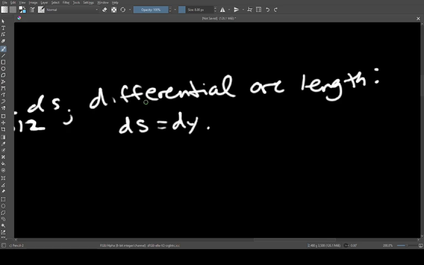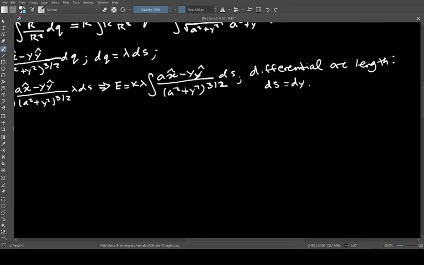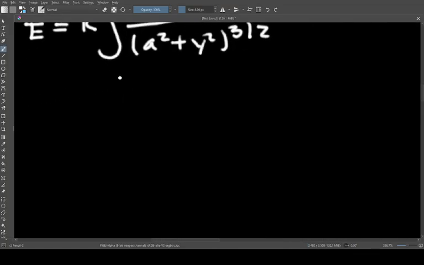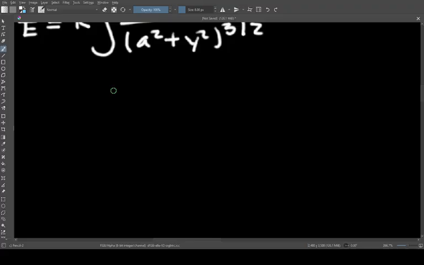At any rate, because this is going to be an infinite rod, let's look now at the limits of integration. So the limits of integration correspond to the length of the rod being 0 less than y less than infinity.